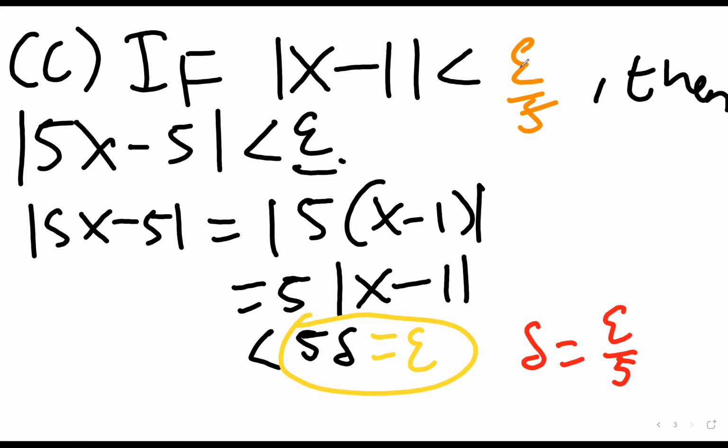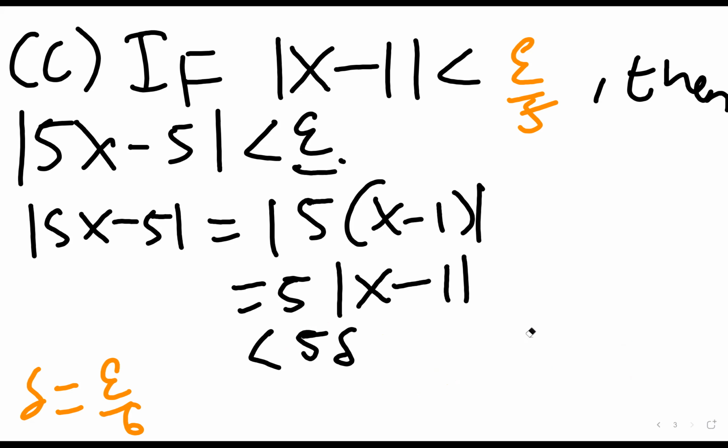For example, if I take delta equal to epsilon over 6, then I also have the correct answer, because then I will have 5 over 6 epsilon. And then we know that 5 over 6 is always less than 1. So it's obviously less than epsilon.